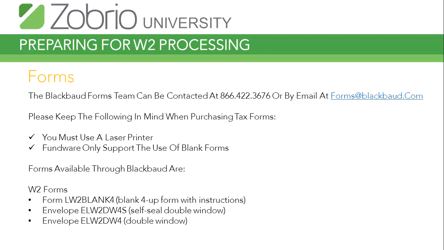But the face of the form is blank, and your Fundware software will draw all the blanks and fill in the form. As you can see from this slide, there's a phone number and also a website that you can log into, and these are the recommended forms that will fit the program.